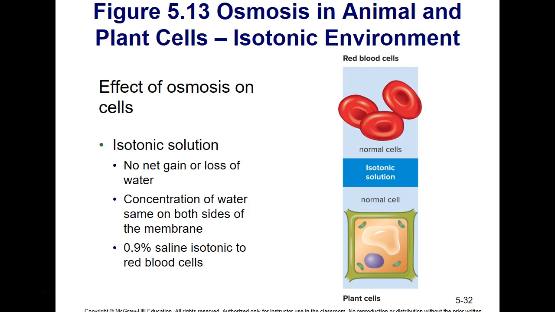Kidneys. Dialysis, people go and get treated for dialysis. They have to get hooked up to a dialysis machine. It's called hemodialysis. They hook up to it in order to remove toxins and things out of the blood. A really good example of osmosis is our kidneys.